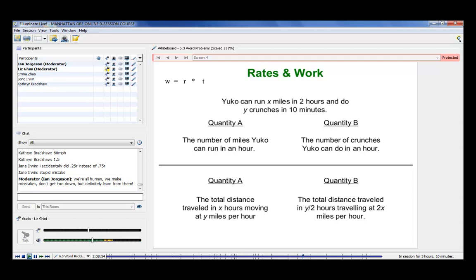For the running, we have X is what? The distance of the work is X, absolutely, or either way, it's really the same. And the time is 2 hours. We don't know the rate, so we'll leave that blank. X is something times 2.